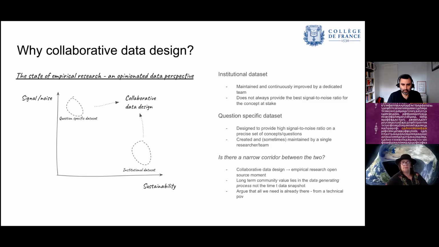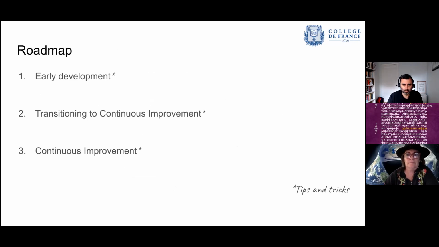So from a technical point of view, there is absolutely no barrier. We've got all the tools we need to develop data sets as a community and to continuously improve them all together, when we believe that there is a data set which should be a common good and which should be sustainable by any means.